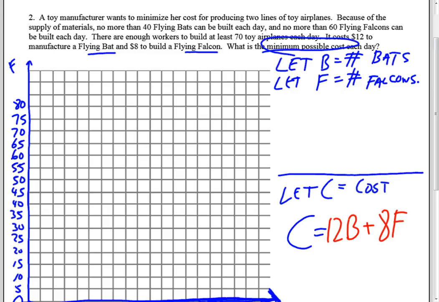Parameters. The parameter is a little bit different in this case. There are enough workers to build at least 70 toy airplanes each day. What will that look like as an inequality parameter? Keep the 40 and 60 separate.